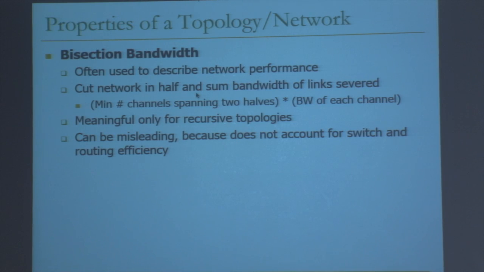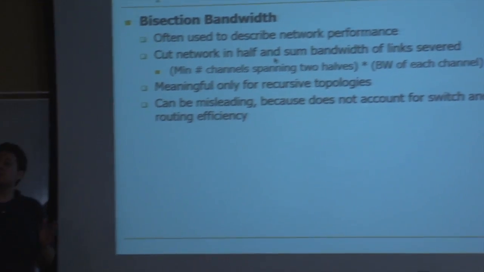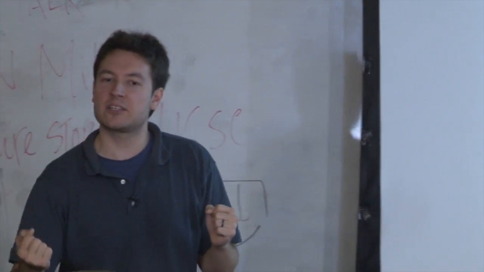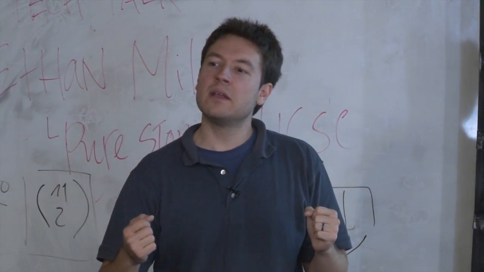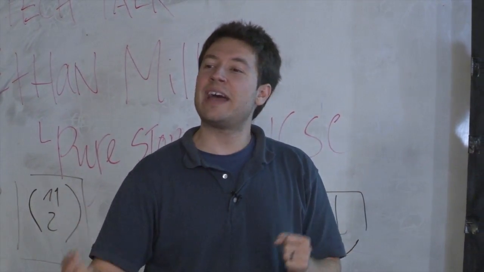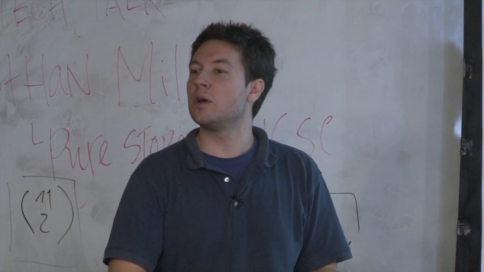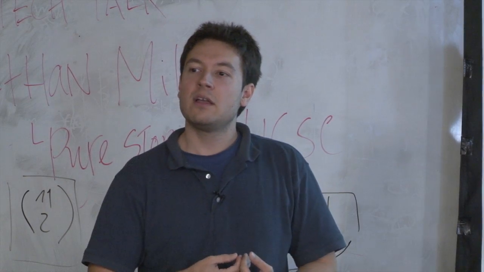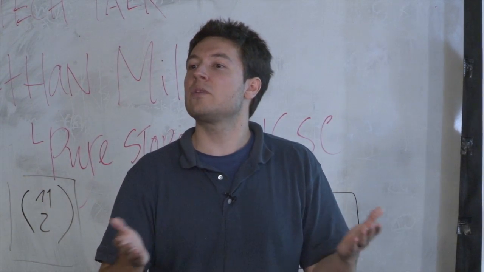Okay. So just be careful, this can be a little bit misleading for a number of reasons. One is that a high bisection bandwidth doesn't always mean that, if you have two networks and one of them has a higher bisection bandwidth, the higher bisection one is going to outperform the lower bisection one, because you might have some application-specific pattern that makes the bisection bandwidth not matter that much.